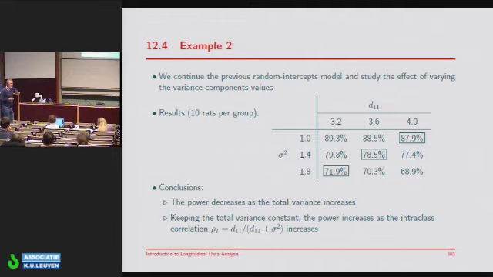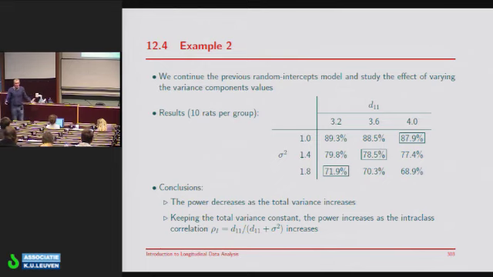So what it means is that the power decreases as the total variance increases in general, but what you see is that if you keep the total variance constant, then the power increases if the intra-class correlation increases. So the correlation is a good thing for you.